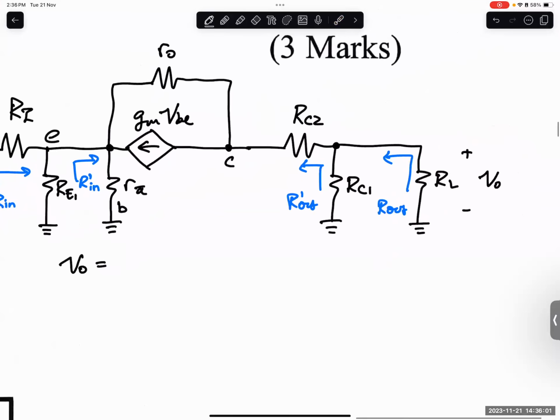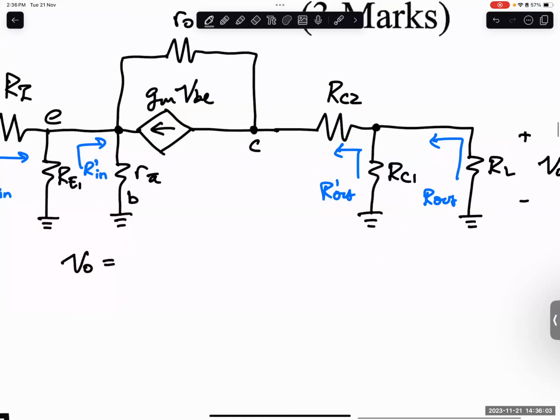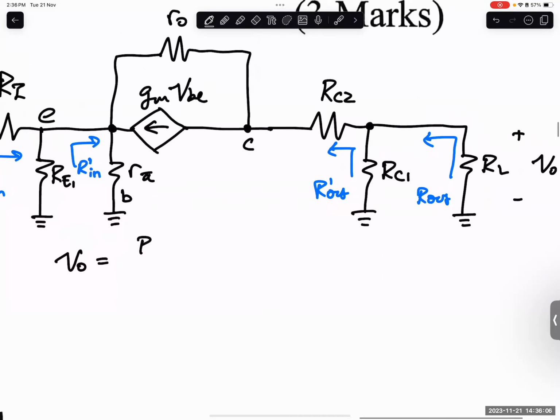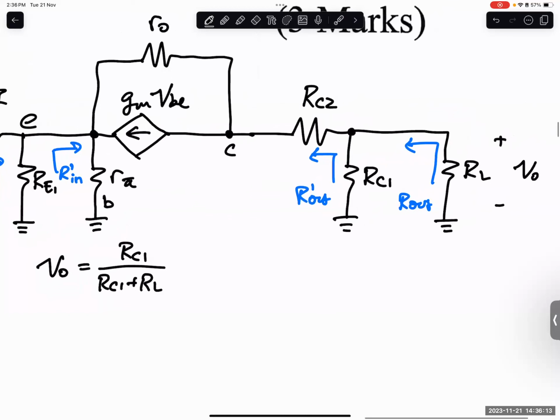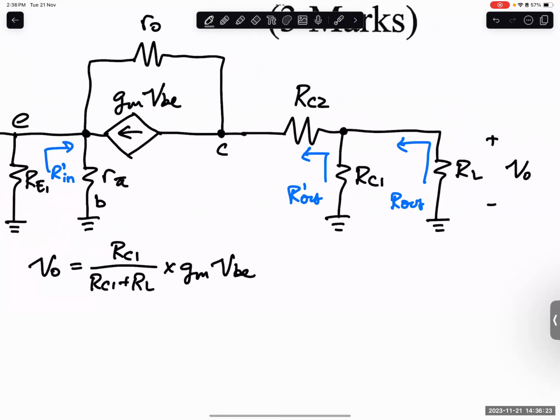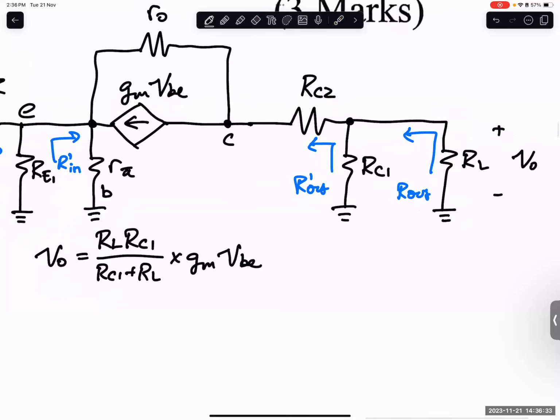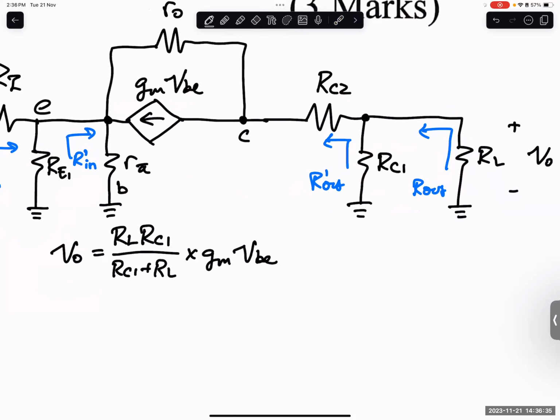We need to split it, so RC1 divided by RC1 plus RL, so this is the current through here, multiplied by gm vbe, and then we multiply by RL. So I can put RL on top, and then RC1. So V out is this expression.